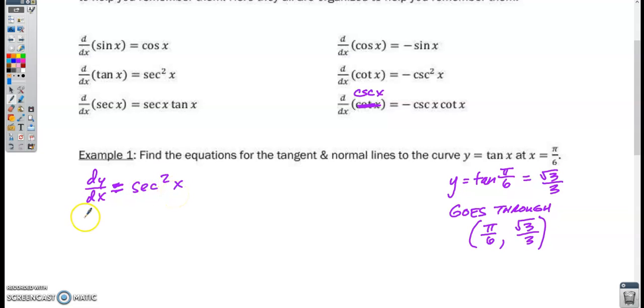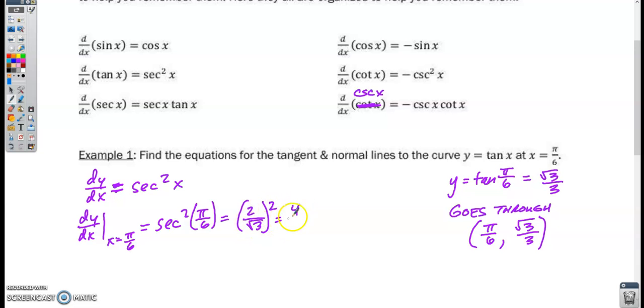And so dy dx at x equals pi over 6 is equal to secant squared of pi over 6, which is equal to 2 over the square root of 3, quantity squared, which is 4/3. So this is going to be the slope of the tangent line.